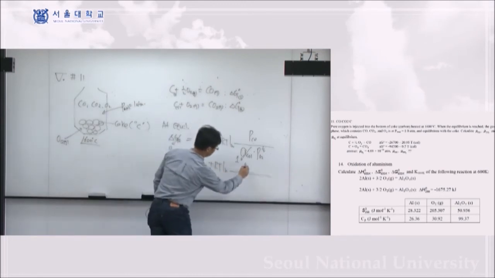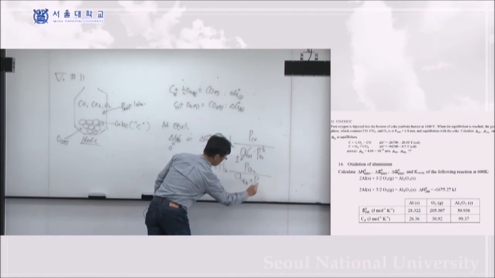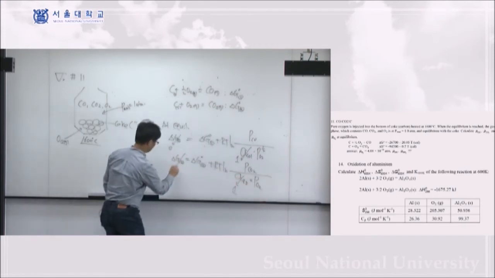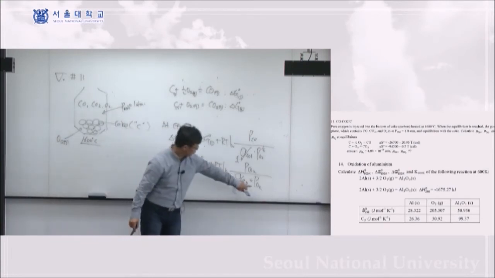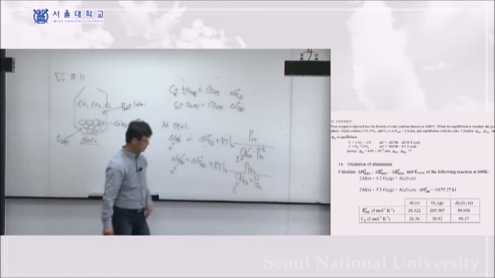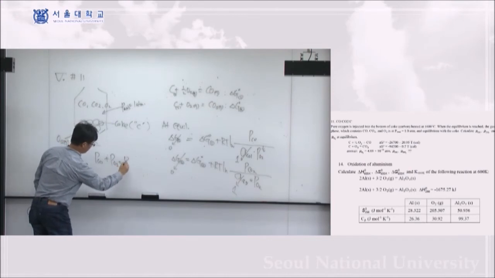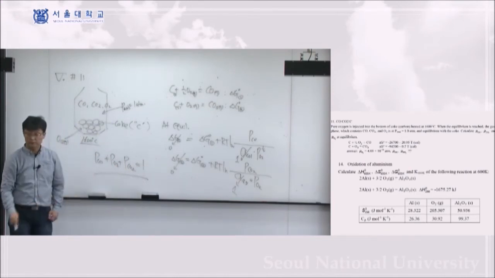Same thing. Okay, so we have another equation. So 1, 2, 3 variables, and then we have PCO, and this is the total pressure.